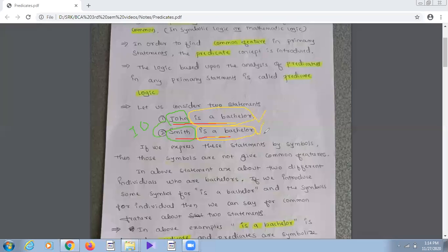Okay, so if you identified the predicate, then to easily denote it, we can denote both the individuals. Every predicate, whatever the predicate is, we denote by capital letters. Every predicate we can denote as a capital letter, and whatever individual or object, these are denoted as small letters.